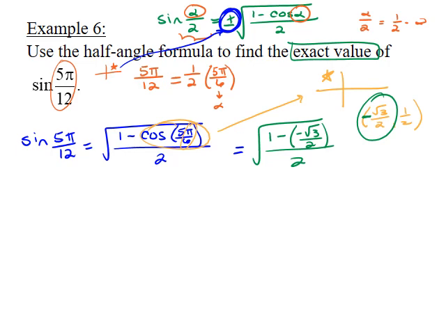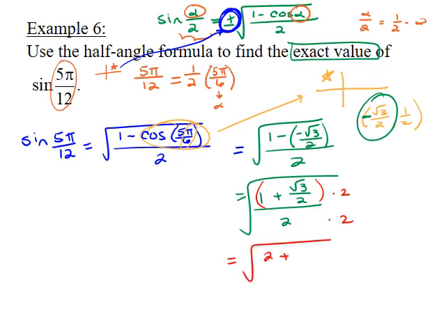Then we'll just continue to simplify. This becomes 1 plus the square root of 3 over 2, all over 2. I never want a fraction within a fraction, so I'm going to multiply the top and the bottom by 2. Everything in the top gets multiplied by 2, so I have 2 plus, the 2 cancels here, leaving me with the square root of 3 over 4.